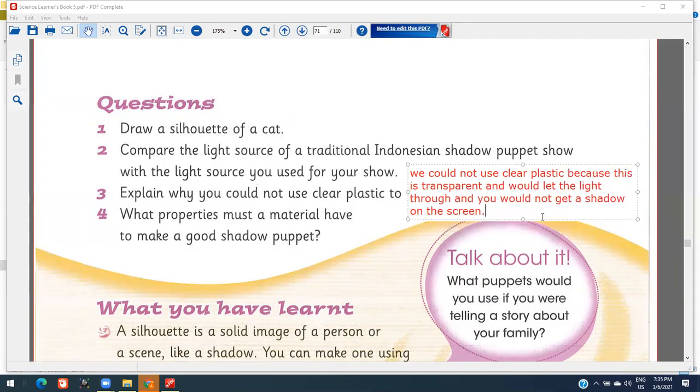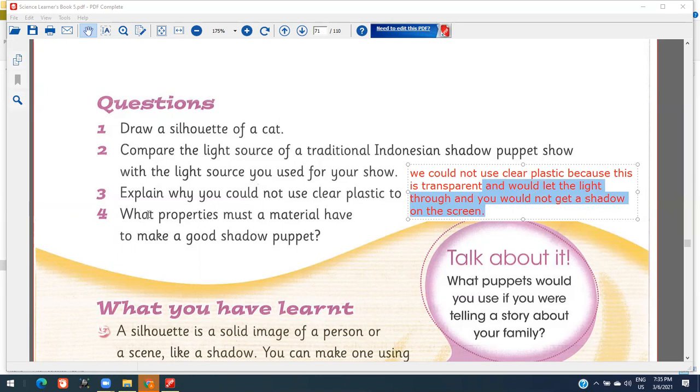You can write until here, it's enough. We could not use clear plastic because it is transparent. If it is transparent, no kind of shadow is created.